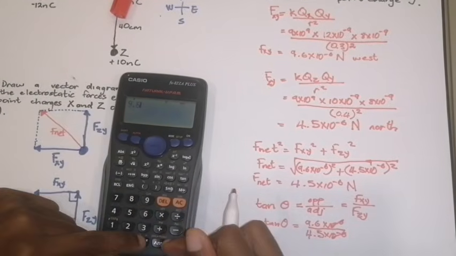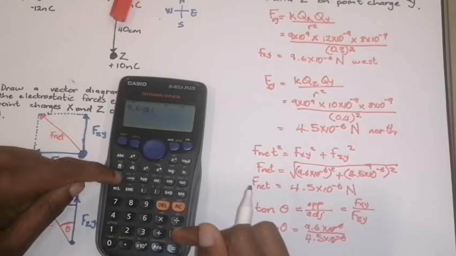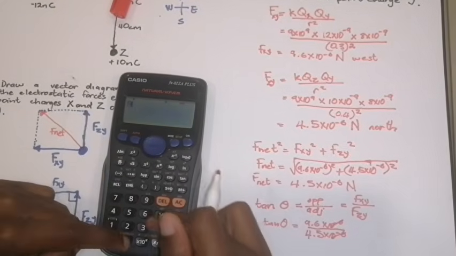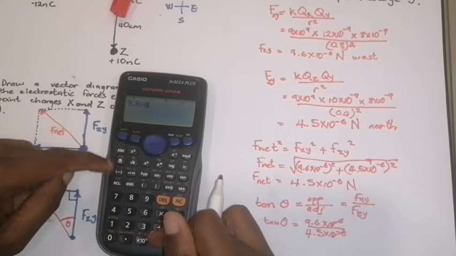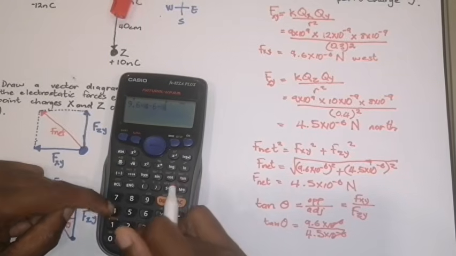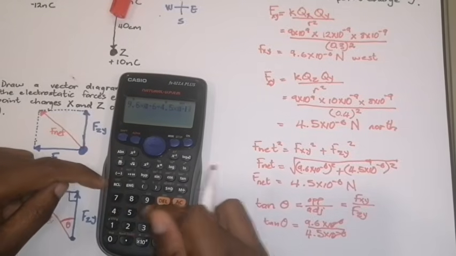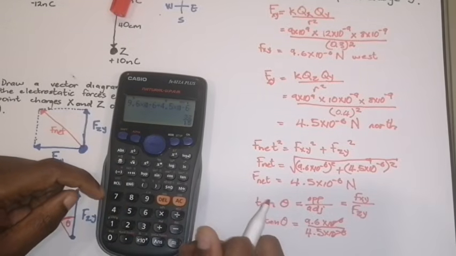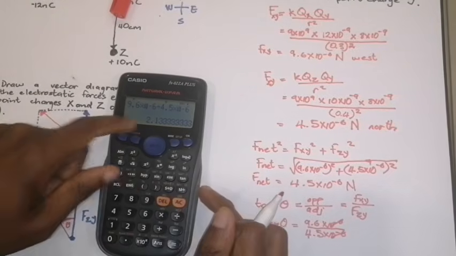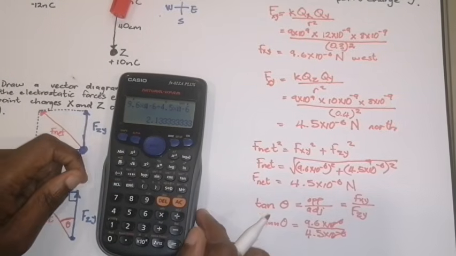If you want to, you can say 9,6 exponent minus 6 divided by 4,5 exponent minus 6, just in case some of you think I'm cheating you. So I get 32 over 15 there. You can change it to decimal, that's 2,13.